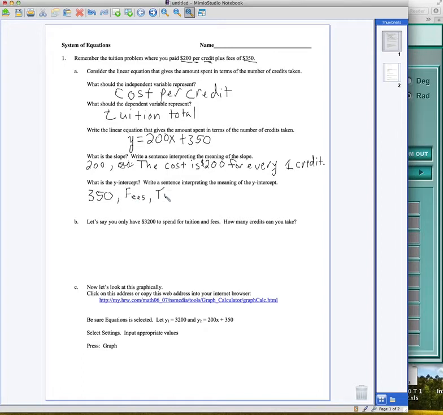The cost you pay, or the amount you paid, probably be a better word, no matter how many credits you take.